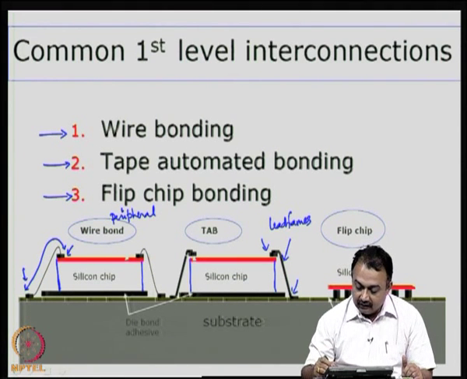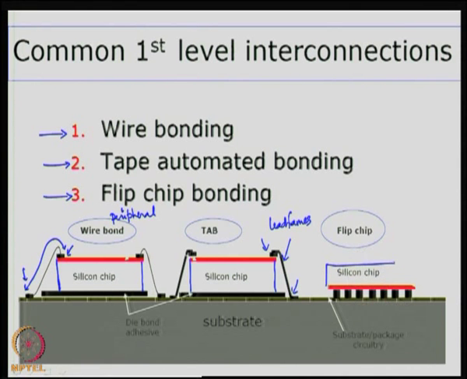Now, the third one is a bare die like a silicon chip here. This is known as flip chip. The chip is flipped over, as you can see here in this wire bond and tab, the bond pads are at the top, whereas in the flip chip the bond pads are at the bottom.